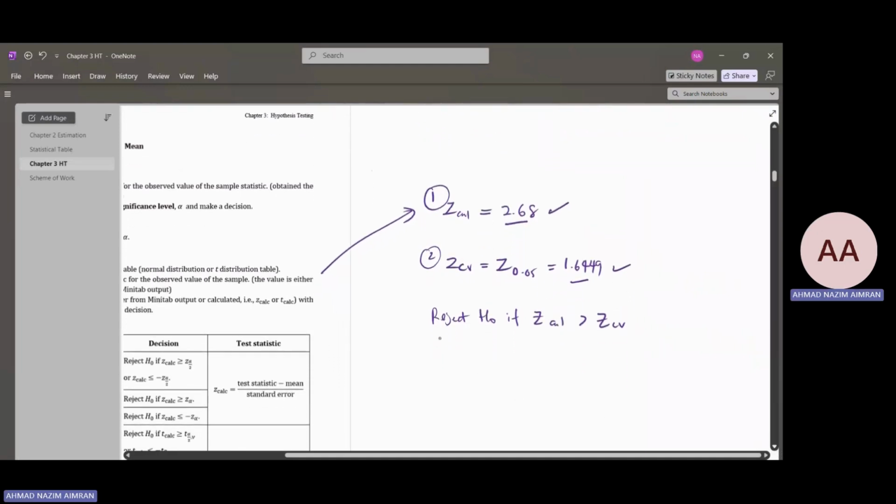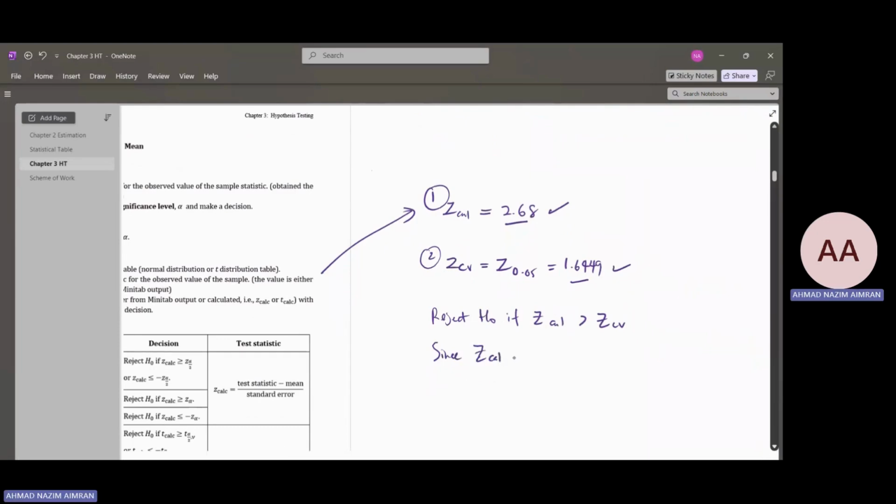So what we will do is, since Z calculated, what is the Z calculated value? It is 2.68. And what is our Z critical value? It is 1.6449. Now you need to decide whether this value is greater than this value or it is lower. In our case right now, 2.68 is greater than 1.6449.